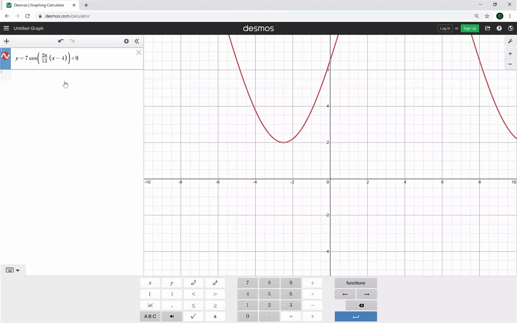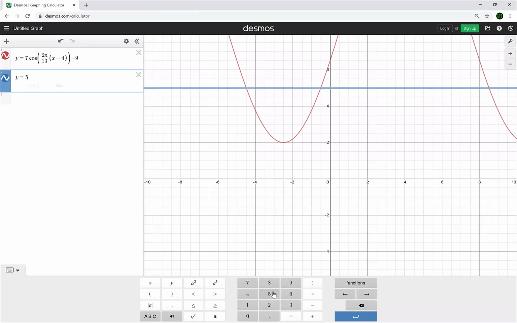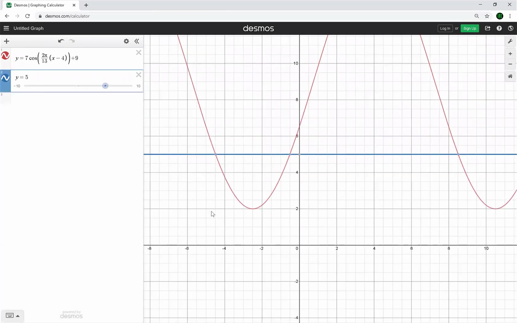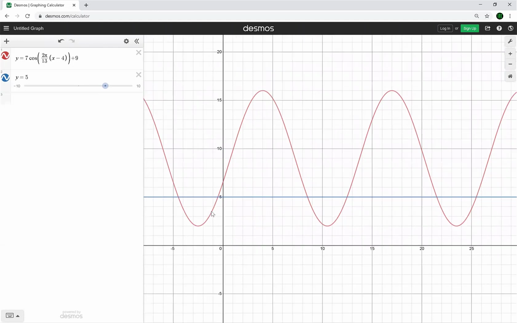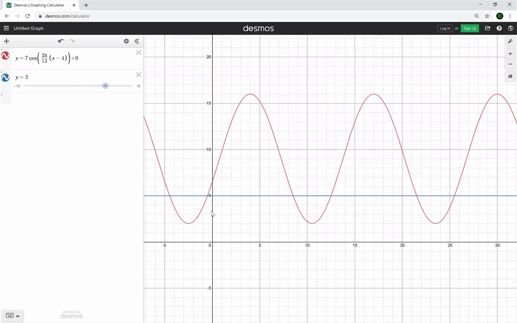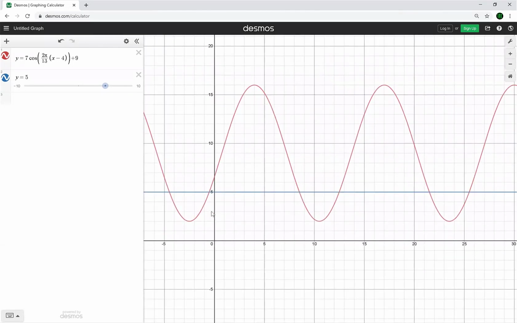Then I'm opening another equation: y equals 5. And the domain was x between -7 and 27. So I'm going to go all the way to 27, guys. So boom, right there.